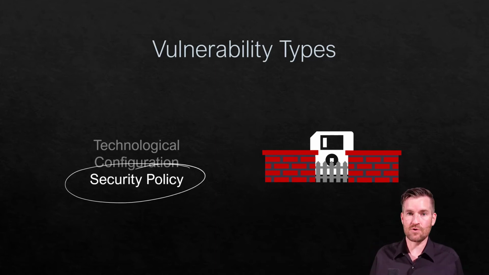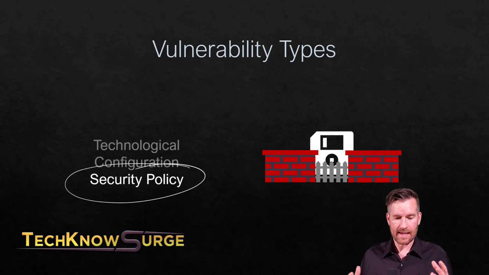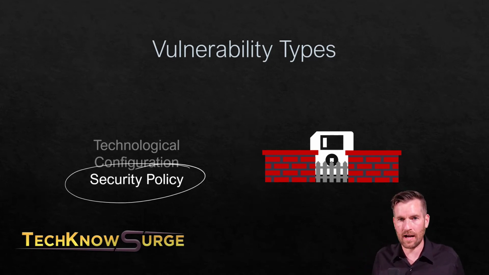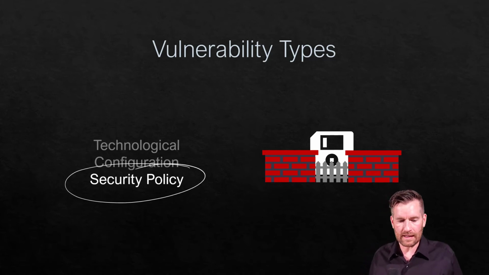And if you don't have some sort of policy enforcement where you're actively trying to seek out whether people are following your policies or not, you will have people that don't follow those policies. So really, security policy is one that I think is overlooked in a lot of companies.